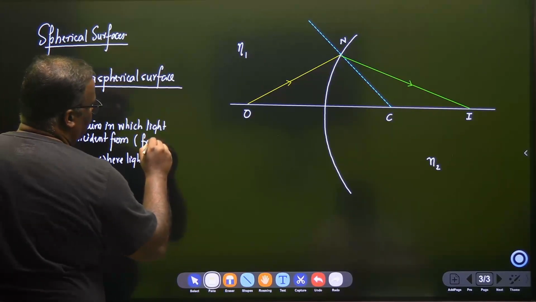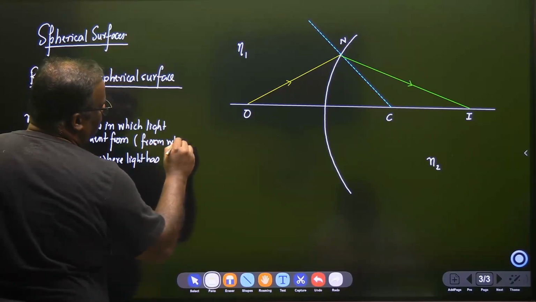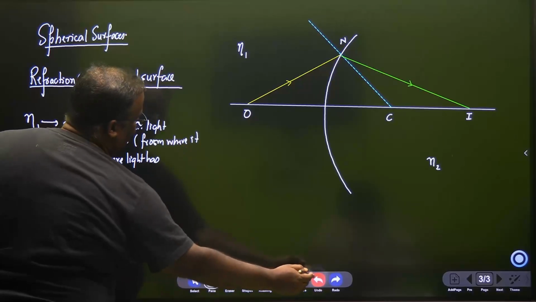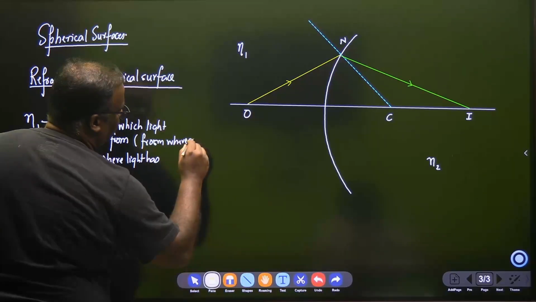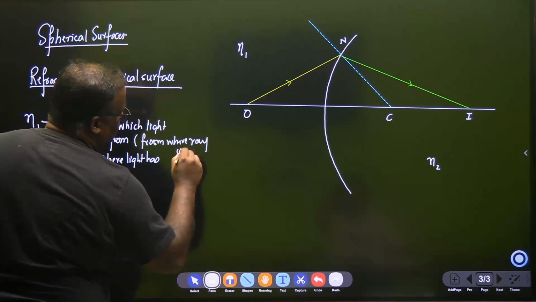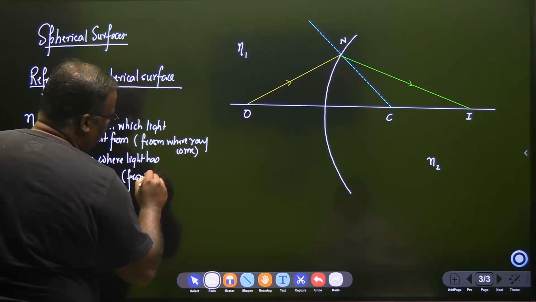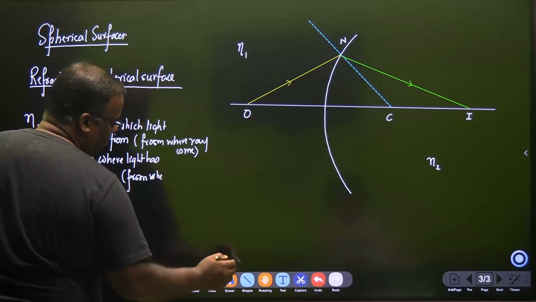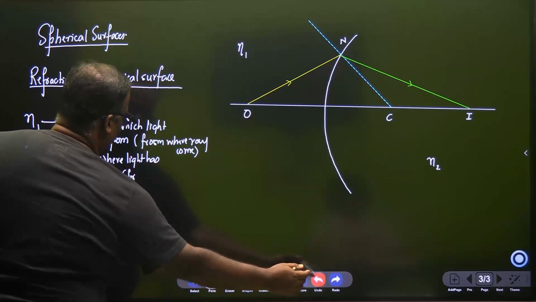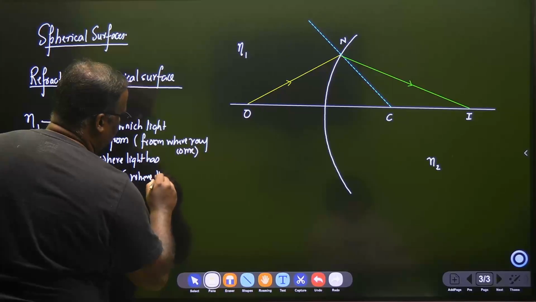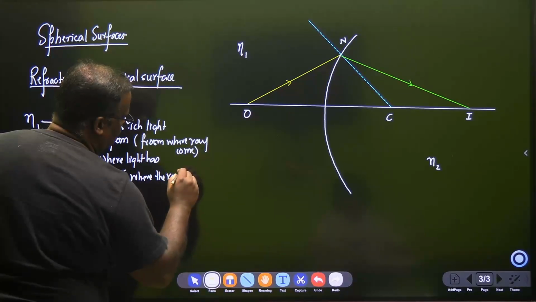From where it comes, from where the ray comes, and this is in crude language, where the ray travels to.